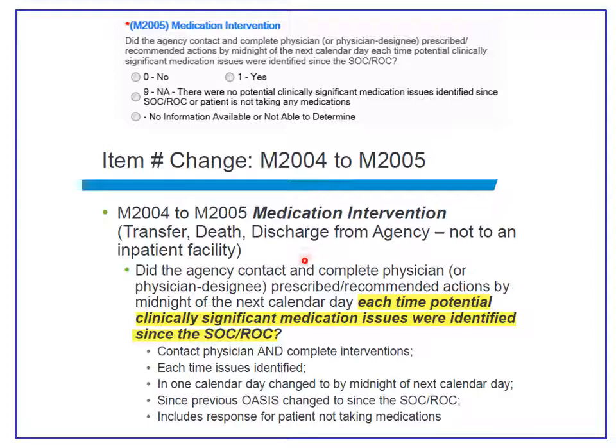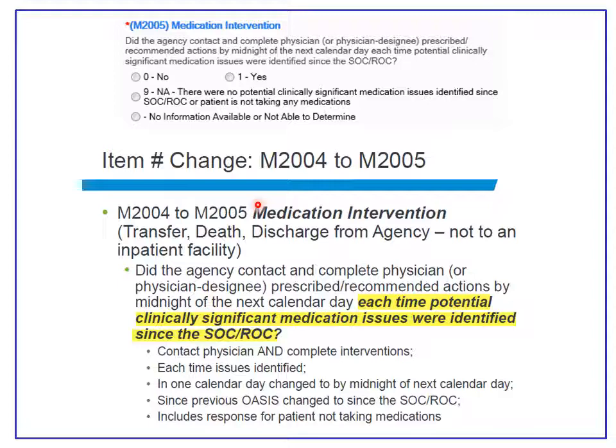And just clarifying, it's wanting to know, did we contact the physician and did they get back with us with some type of recommendation on how to manage that potential interaction each time potential clinically significant med issues were identified? So the each time, that's different.